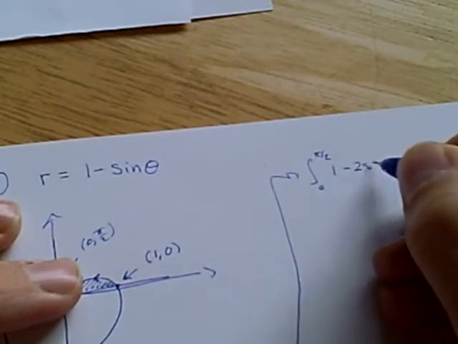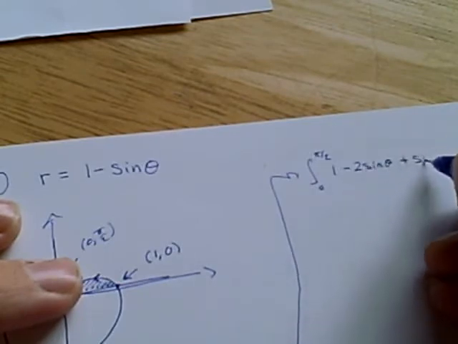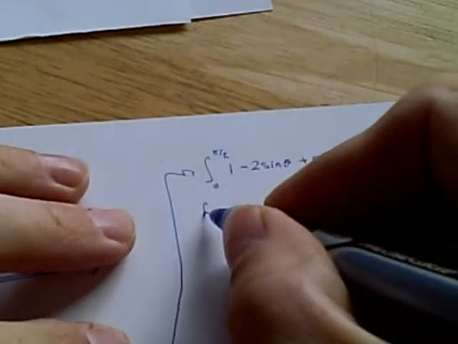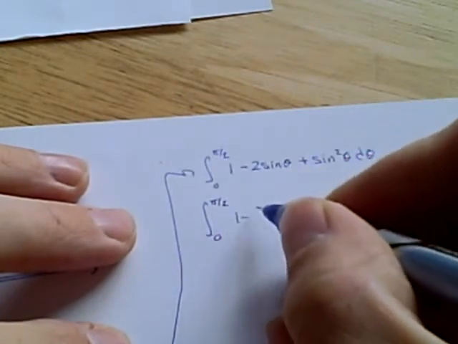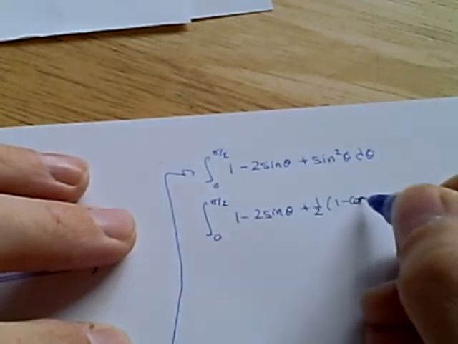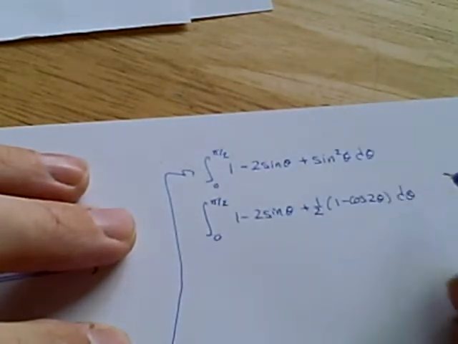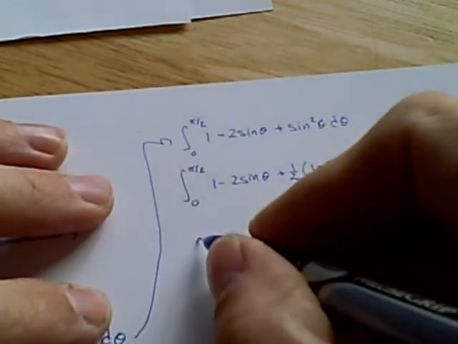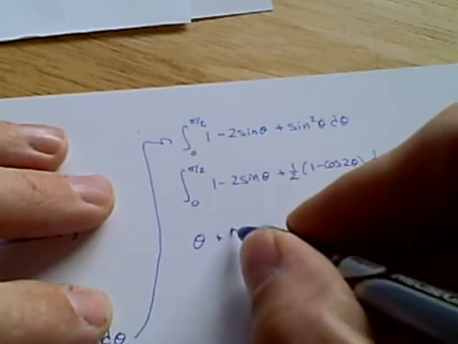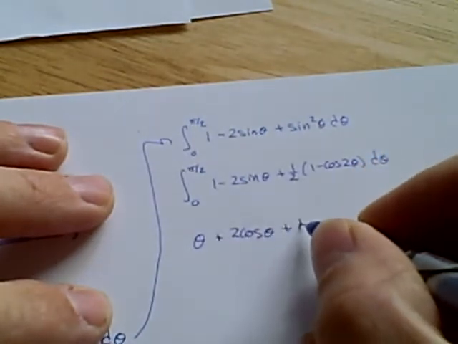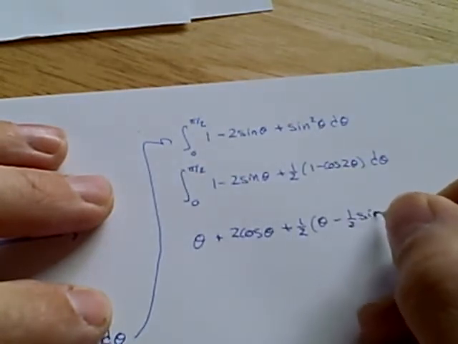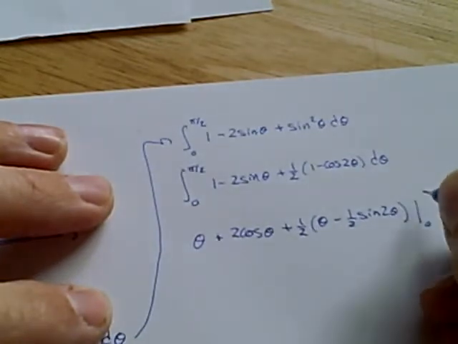It's 1 minus 2 sine theta plus sine squared theta d theta. Using an identity, 1 minus 2 sine theta plus 1/2 times 1 minus cosine 2 theta d theta. And integrating, theta plus 2 cosine theta plus 1/2 theta, minus 1/4 sine 2 theta from 0 to pi over 2.